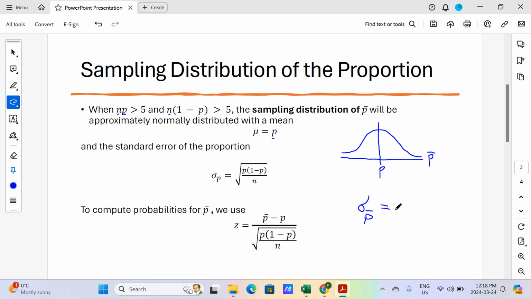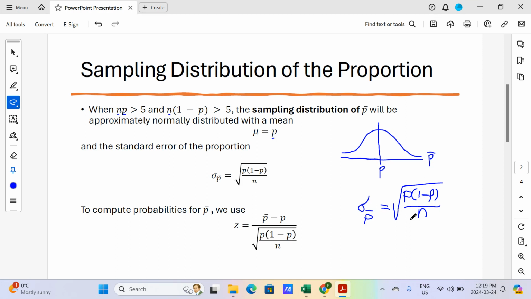Sigma p bar is the square root of P, the population proportion, times 1 minus the population proportion, over the sample size. We call that the standard error of the proportion. It's the standard deviation of the distribution of p bar.